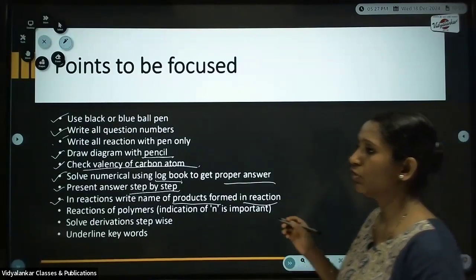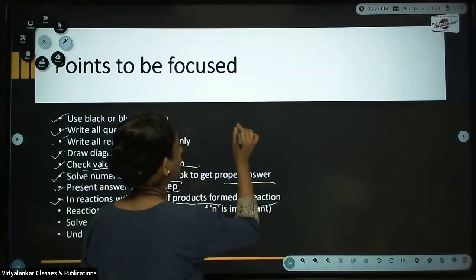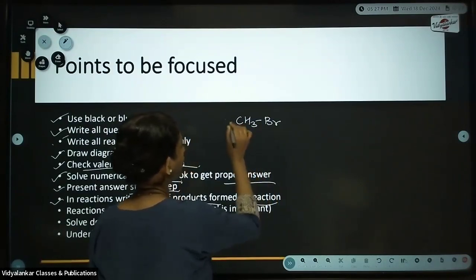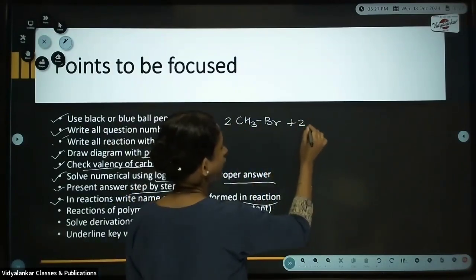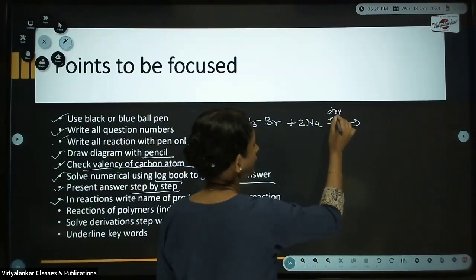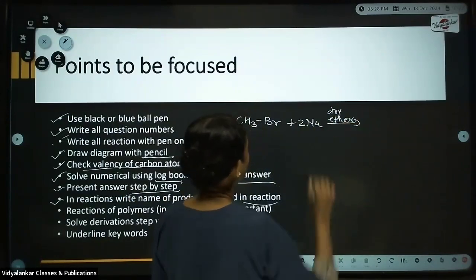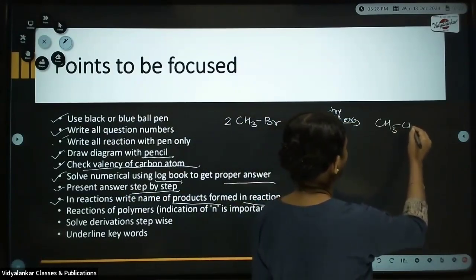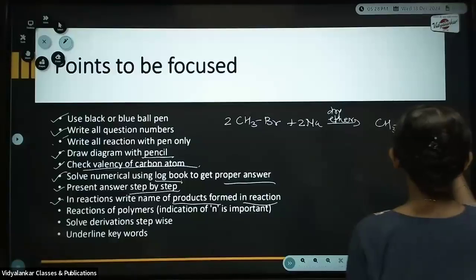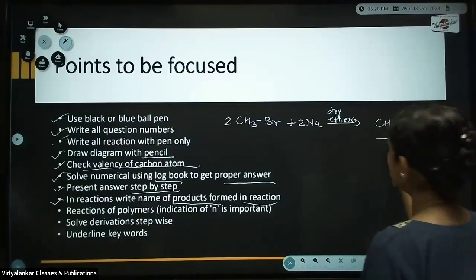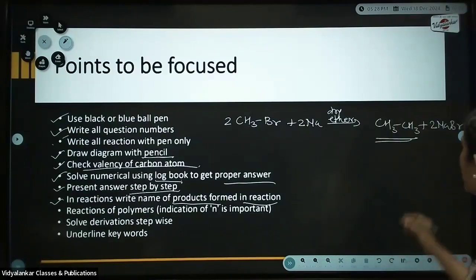This is the reaction. For example, if you are considering this here, CH3Br, two molecules reacting with two molecules of sodium in presence of what? Dry ether. There the product is what? CH3-CH3 plus byproduct NaBr. So here this is the major product of the reaction, and you are expected to name this product.